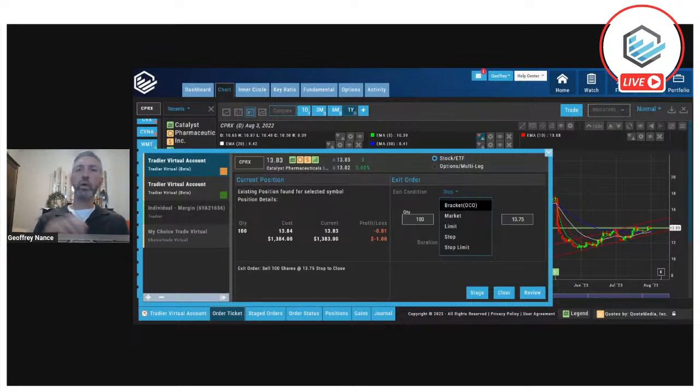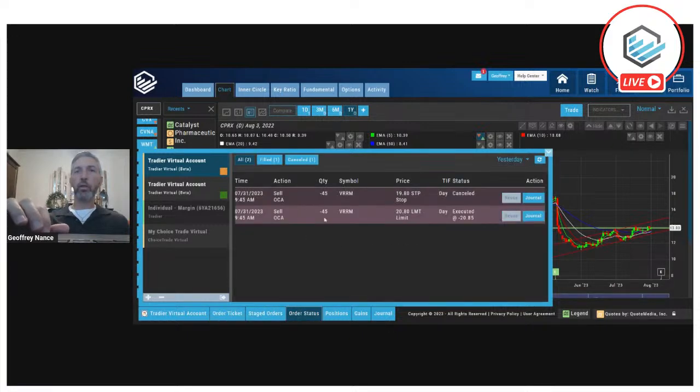We were able to go get into a trade. I'll actually show you the order here. So we bought this stock, this VRRM, and we entered it, and then we said, you know what? We're going to do this order right here. This was an OCO order.